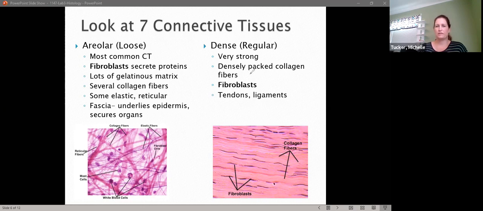Later on you'll come across dense irregular connective tissue. This is dense regular connective tissue where the fibers are aligned in a regular fashion, one on top of another. So we have loose areolar connective tissue with its little crosshatch design, and dense regular connective tissue with its very linear layering of collagen fibers.